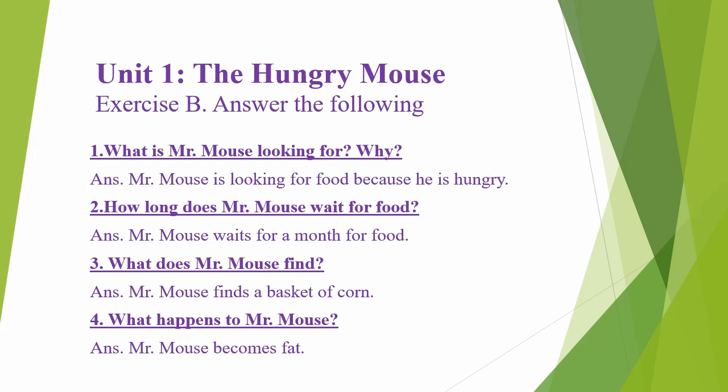Answer is, Mr. Mouse is looking for food because he is hungry. Question number 2. How long does Mr. Mouse wait for food? Answer is, Mr. Mouse waits for a month for food.